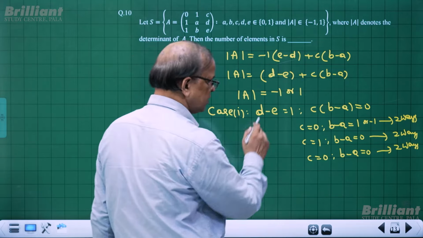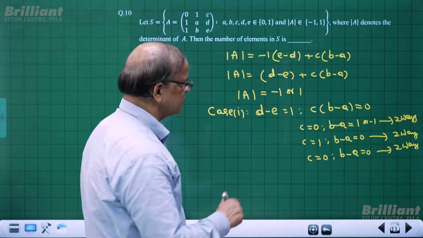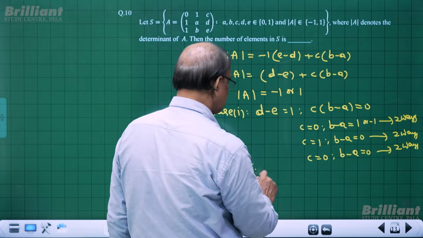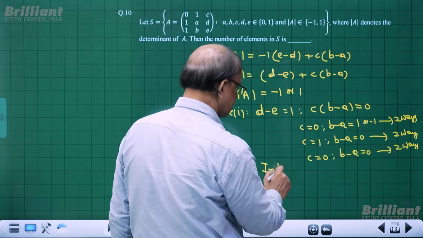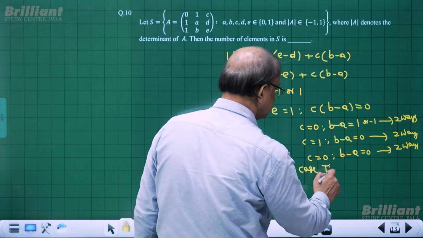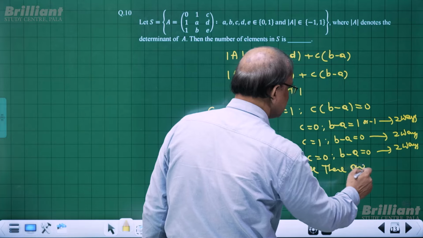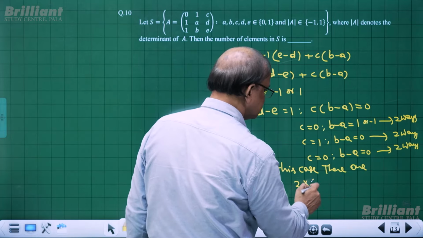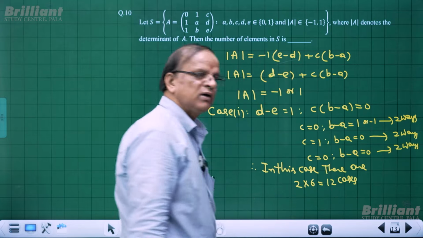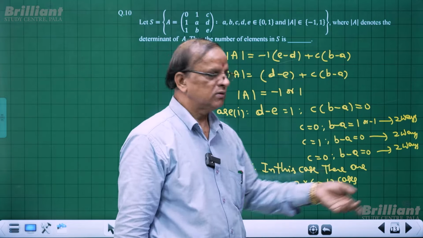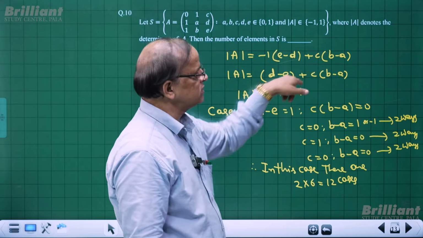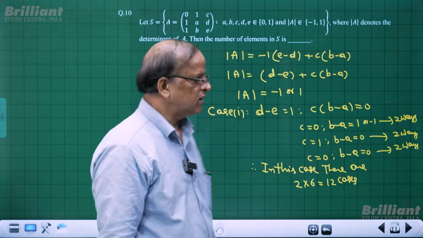So, therefore, in case 1 there are 12 cases, right. Because for 1, 6, and minus 1, this is minus 1, this is 0 also, again the same case.